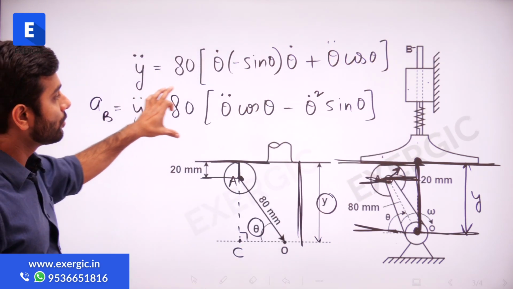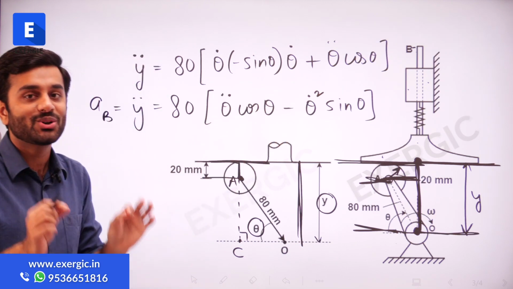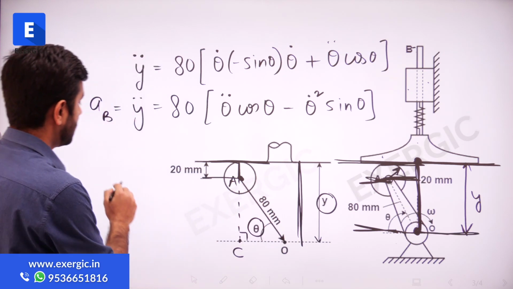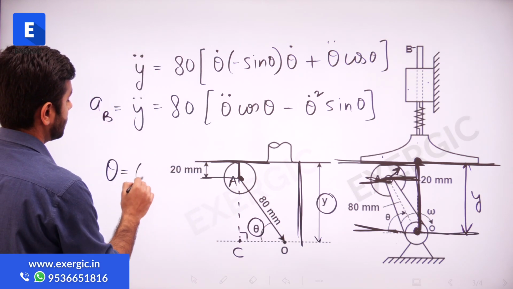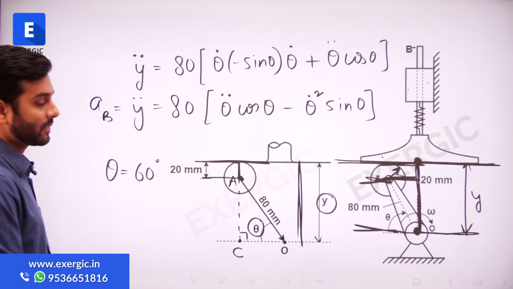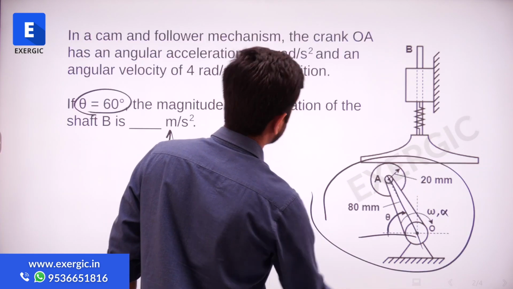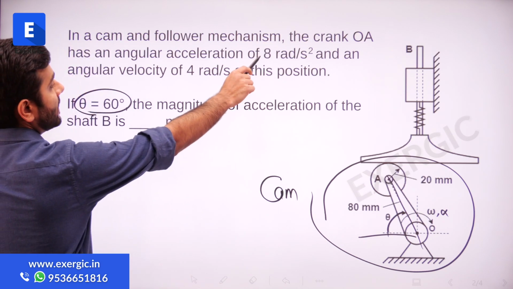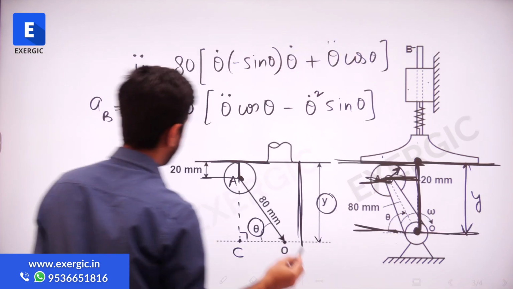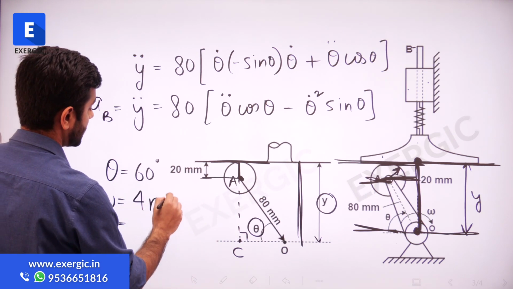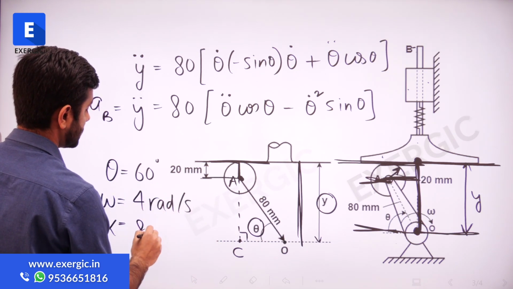And now what I need to do in this entire expression is just put in the values which are known to me. What are the values known to me? Theta is known to me. How much is theta? 60 degrees, correct? Omega is known to me. Alpha is also known to me, right? Omega is 4 radian per second and alpha is 8 radian per second square.